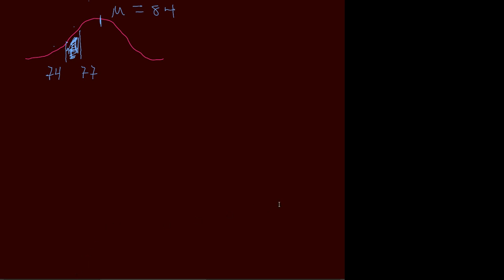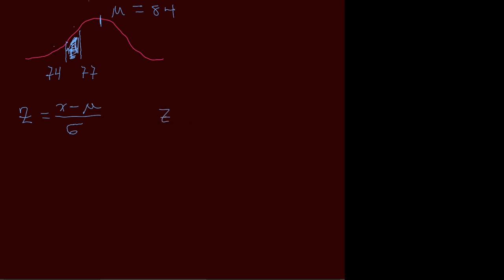Now, one of the things that's nice about this particular set, if we look at our data, is that we are all to the left of our mean. So these are going to be negative Z's. Our Z calculation is going to be our X value minus the mean, divided by the standard deviation.